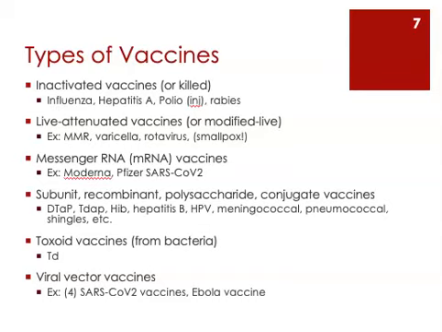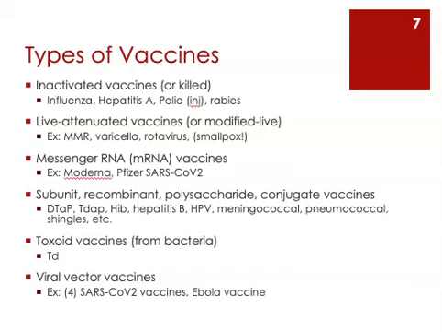The messenger RNA, or just the RNA vaccines as they're called, these are the current Moderna and Pfizer versions of the SARS-CoV-2 vaccine. For the group of subunit vaccines, which are also sometimes called recombinant, polysaccharide, or conjugate vaccines, there are several of these.